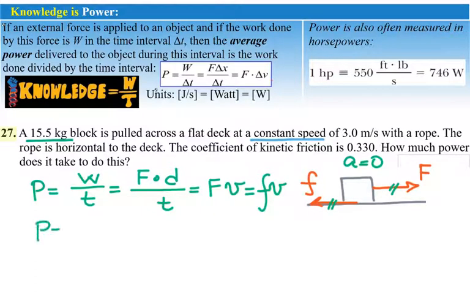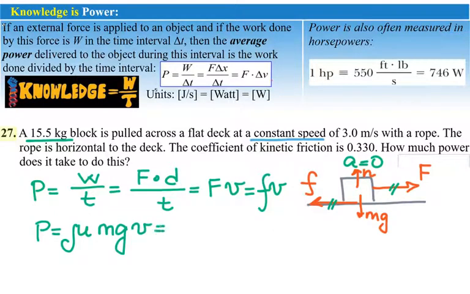So the power is equal to the friction force, which is mu times N, but because your forces mg and normal cancel each other, they're equal to each other. So the normal force is equal to mg, and then it times the velocity.